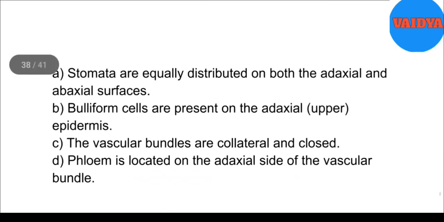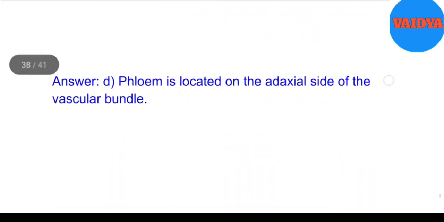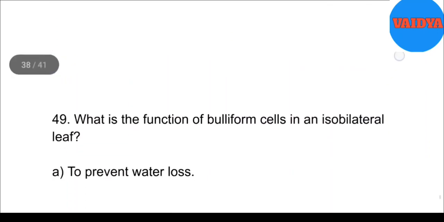A. Stomata are equally distributed on both the adaxial and abaxial surfaces. B. Bulliform cells are present on the adaxial, upper epidermis. C. The vascular bundles are collateral and closed. D. Phloem is located on the adaxial side of the vascular bundle. Answer: D.